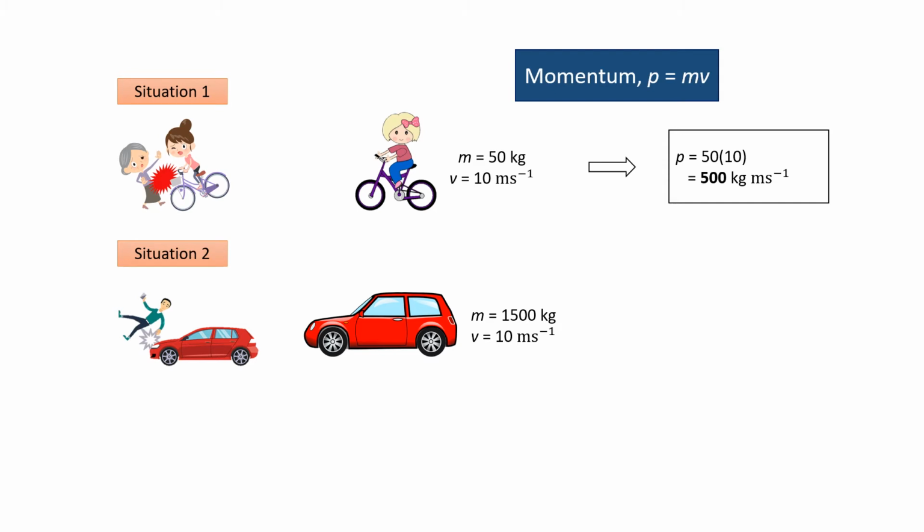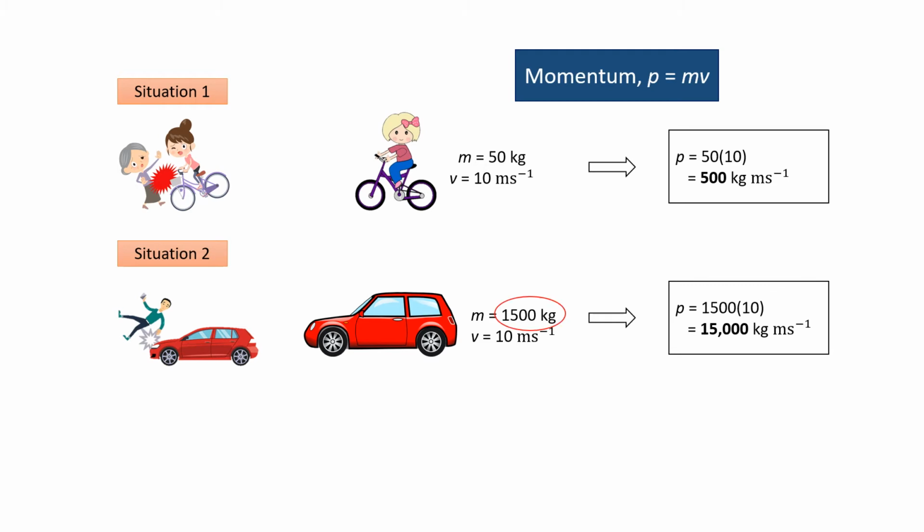So, do you think the momentum of the car will be the same as the momentum of the bicycle? The answer is no. The momentum of the car will be 15,000 kg m/s. It is because the mass of the car is greater than the mass of the bicycle.